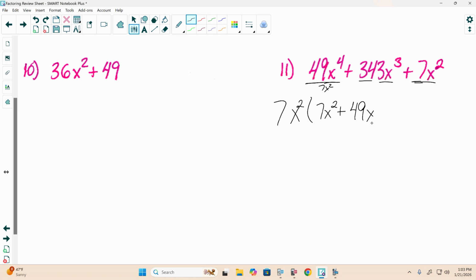Plus, if I factor 7x squared out of 7x squared, it reduces to 1. If it factors out completely, it's going to become 1. Questions on this here? Now we have 7x squared times 7x squared plus 49x plus 1.